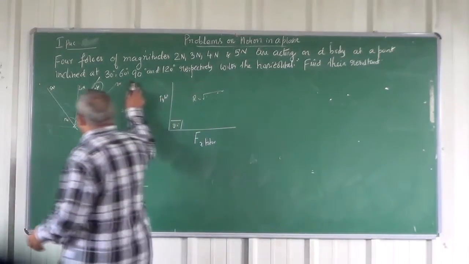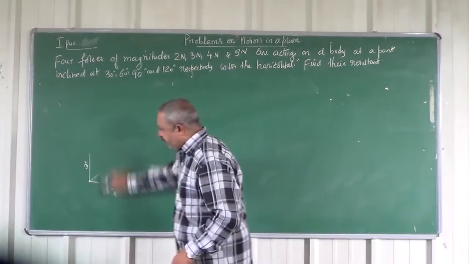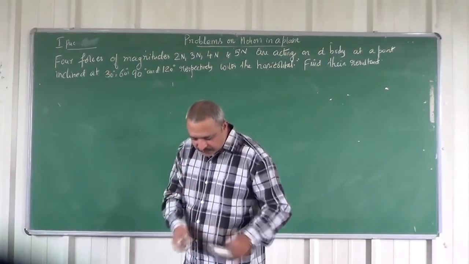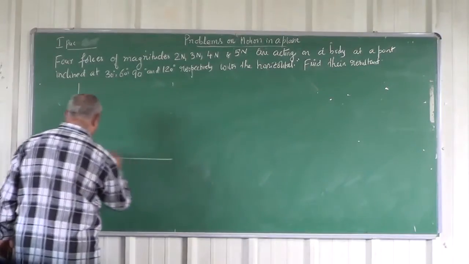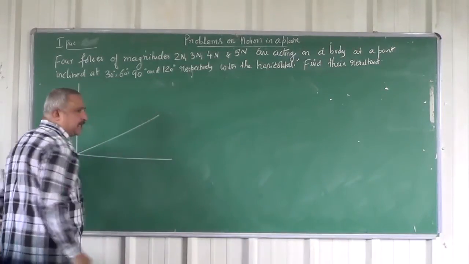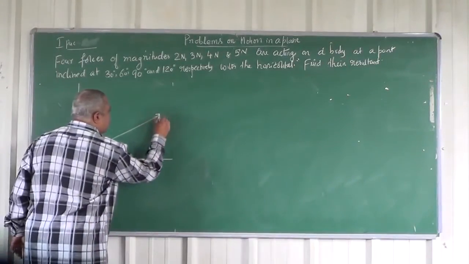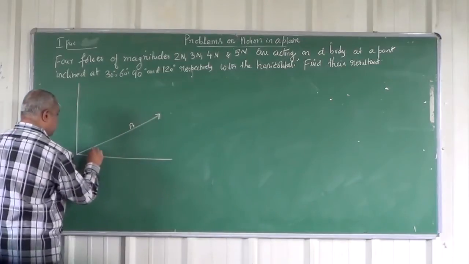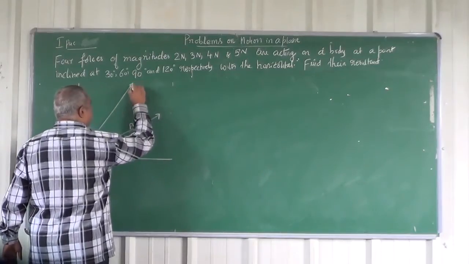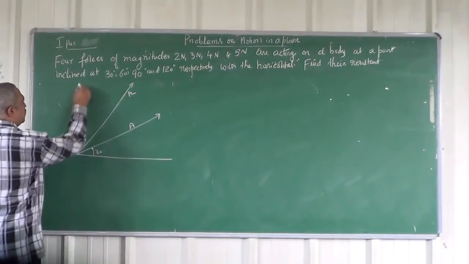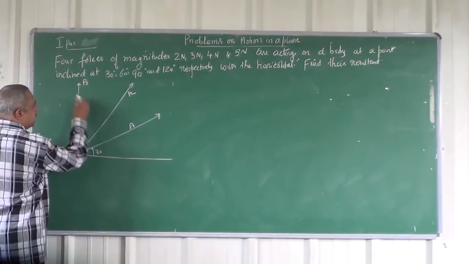Okay, now let me draw another picture for better understanding. You write this diagram. At 30 degrees, what force is there? 2 Newtons. Let me call that force P1. This is 30 degrees. And at 60 degrees, I have the second force, call it P2. And P3 is along 90 degrees.